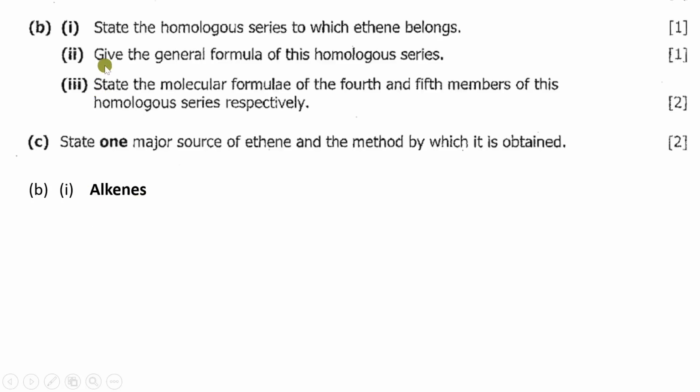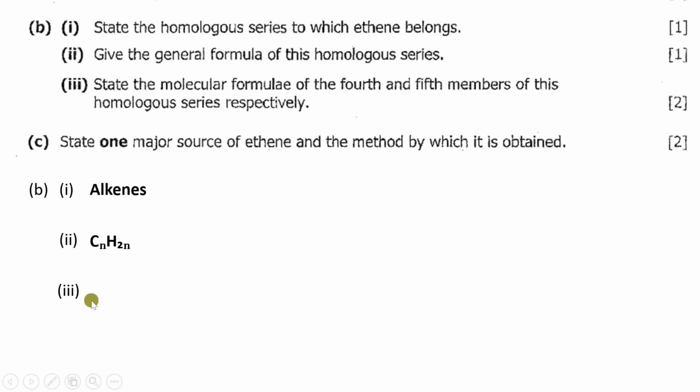Then Roman numeral 2, give the general formula of this homologous series. Alkenes share the same general formula, which is CnH2n.